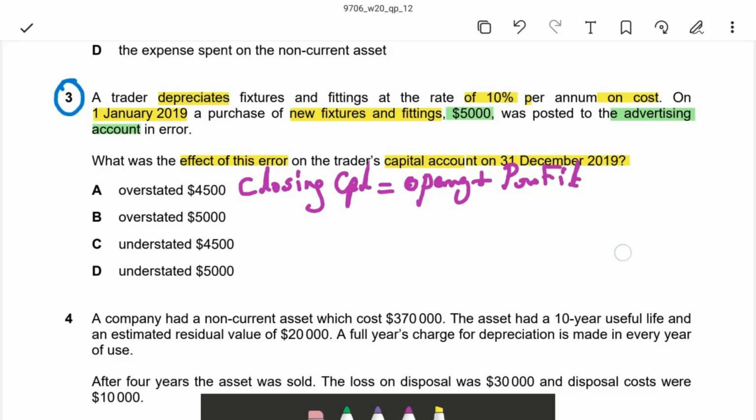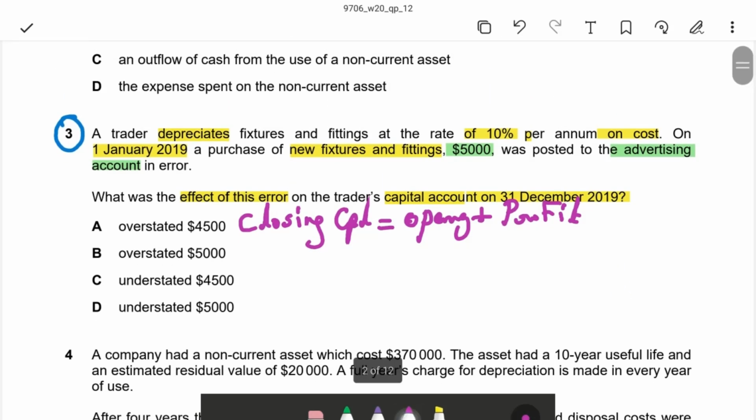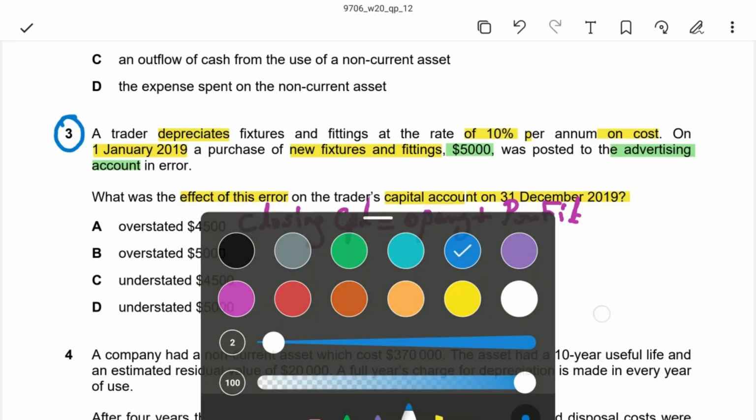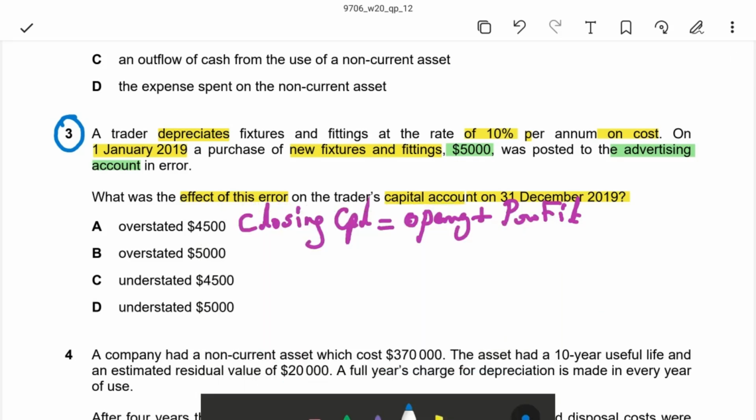So the depreciation percentage is 10%. Actually it should be shown in the income statement. 10% of 5,000 is how much? The depreciation is 5,000 times 10 by 100, which is 500. They should have shown depreciation of 500, but they didn't.